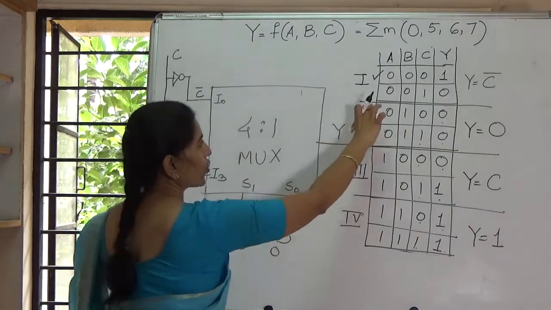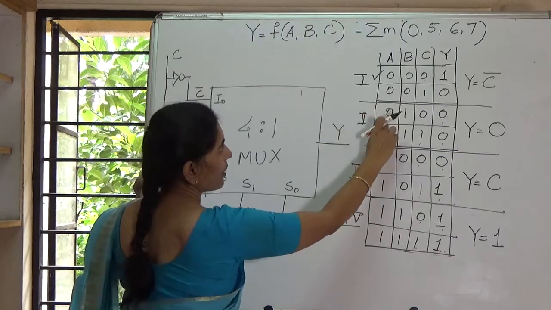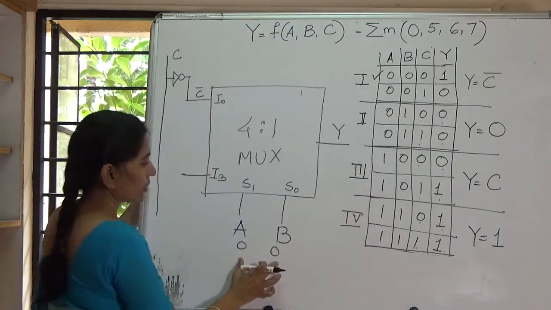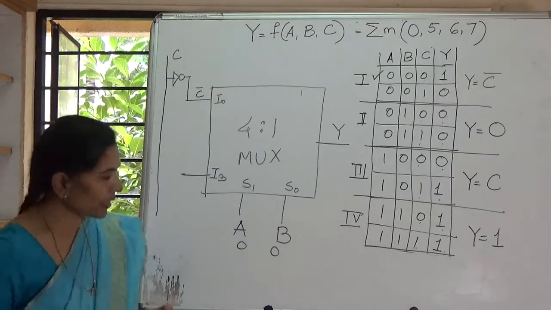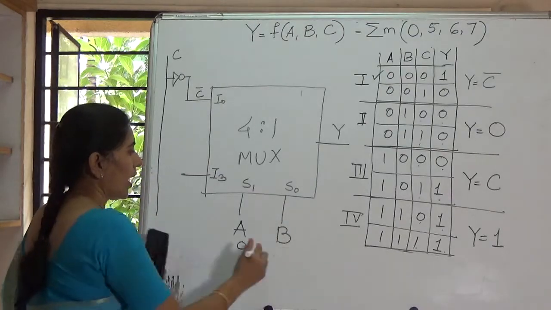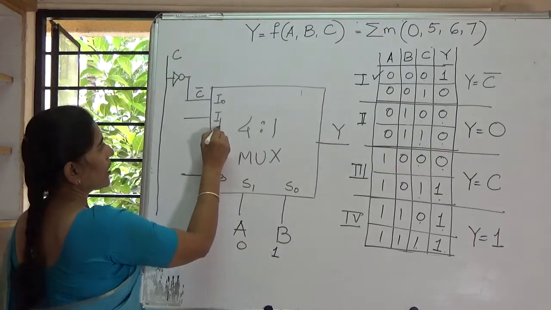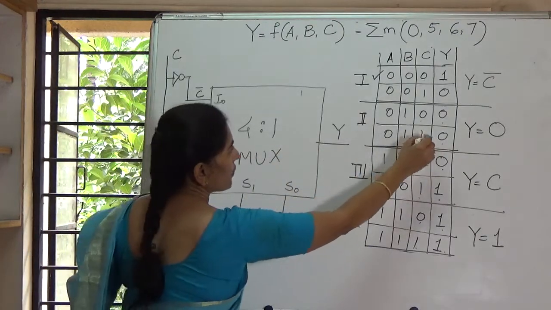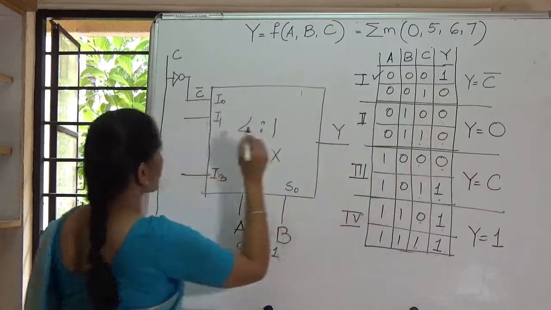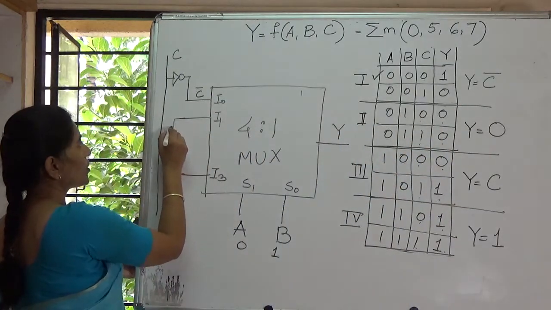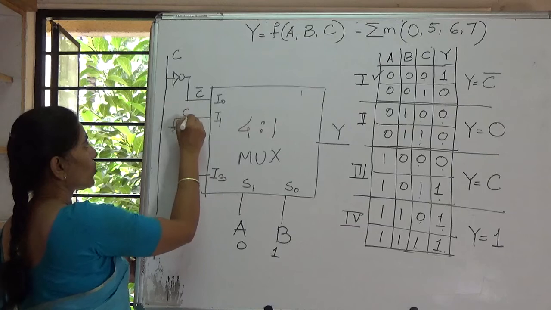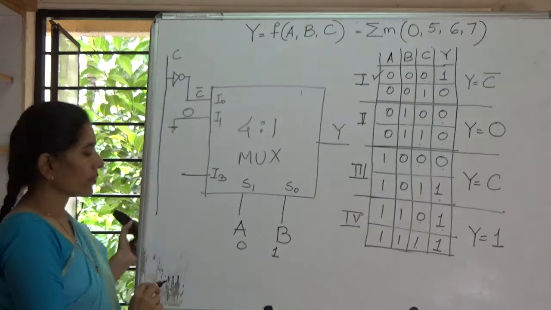Now for the second group where A and B are 0, 1, in that case the I1 line will be selected, and if the I1 line is selected, then we want output Y to become a 0. So we essentially connect this to ground and give a 0 to the I1 line.